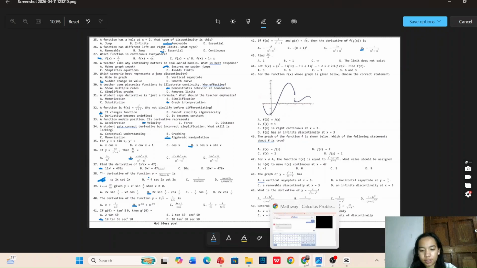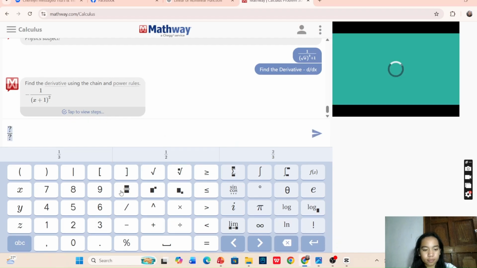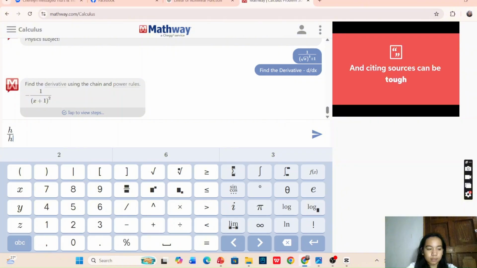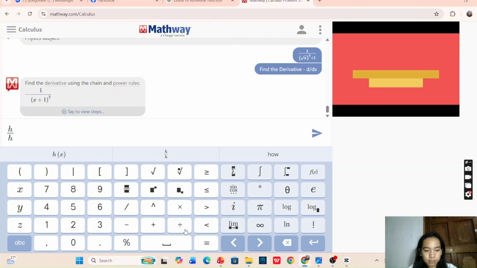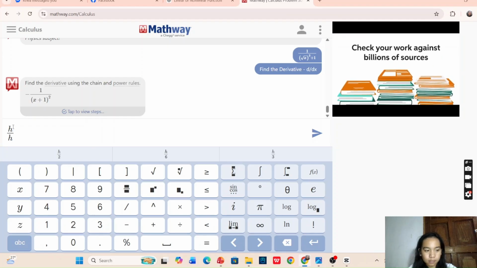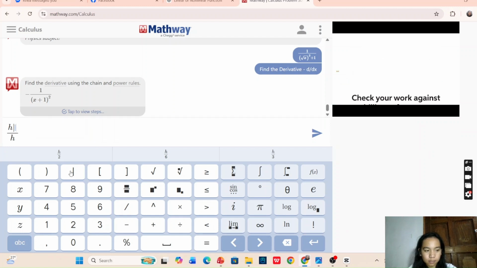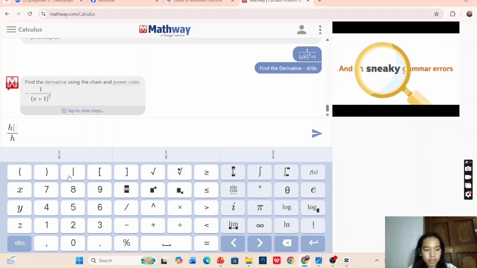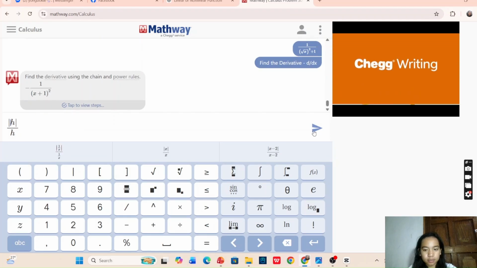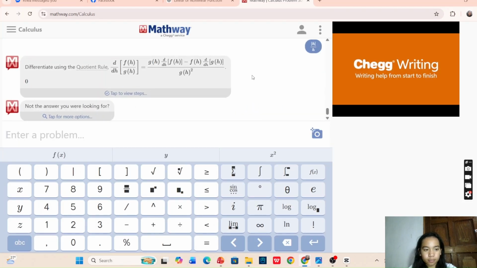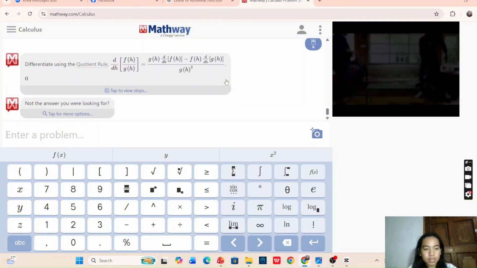Absolute value of h. So the answer for this is 0.